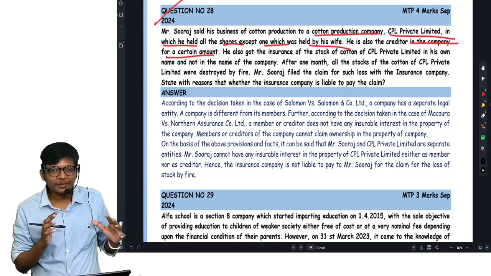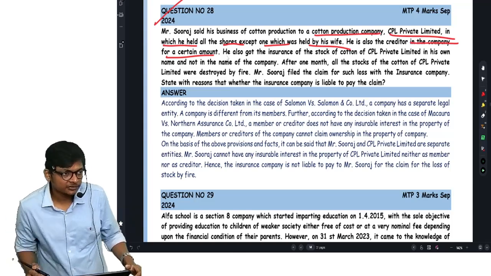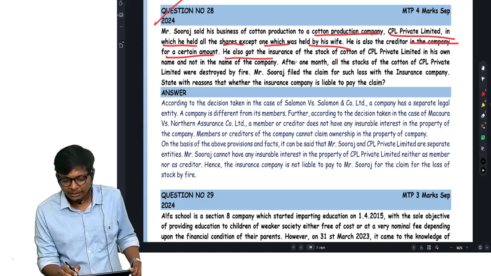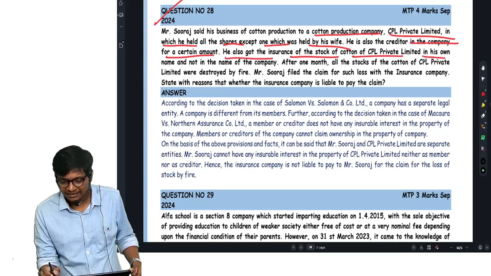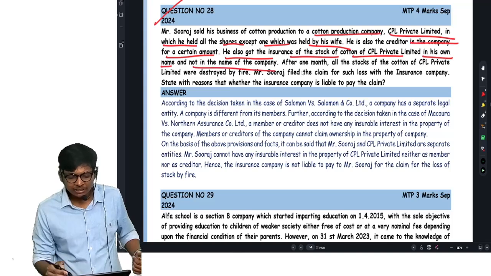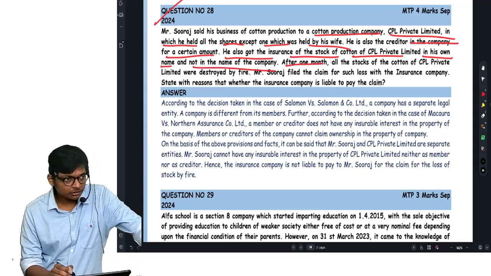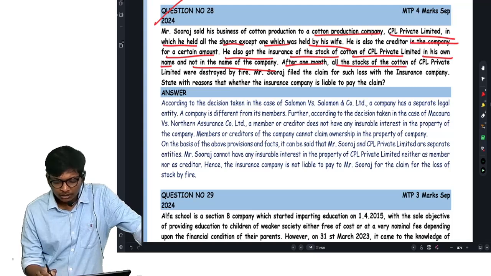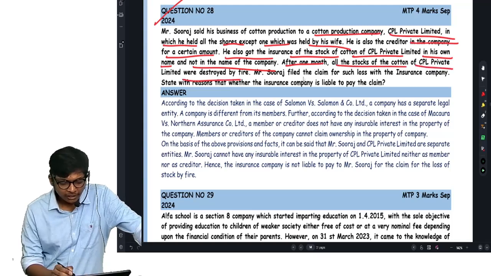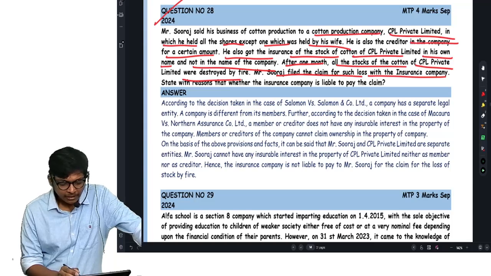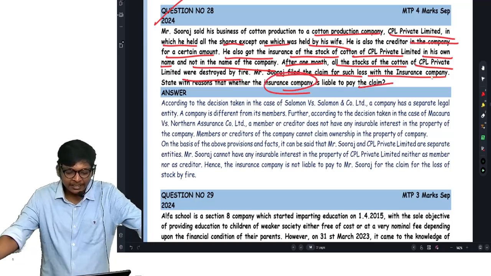If you see 20 questions, you can predict what the next question can be, seeing the first few lines. But still read the whole thing. He also got insurance of the stock of cotton of CPL in his own name and not in the name of the company. After 1 month, all the stocks of cotton of CPL were destroyed by fire. Surat claimed for such loss from the insurance company. Whether the insurance company is liable to pay the claim?